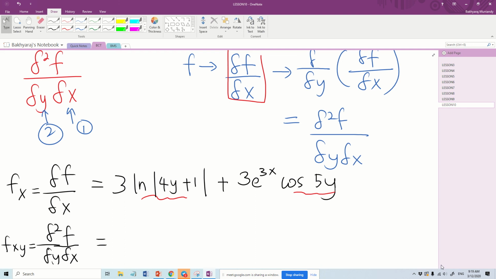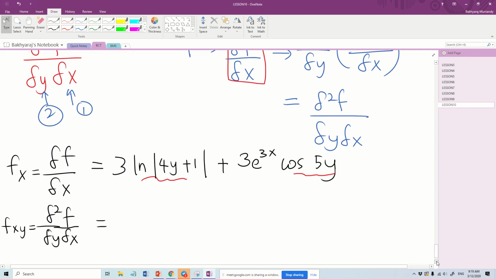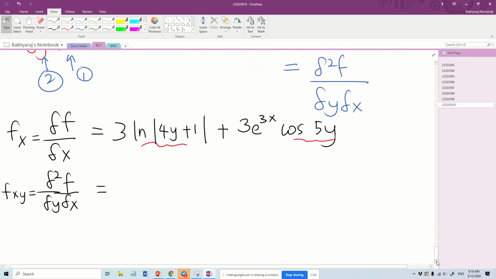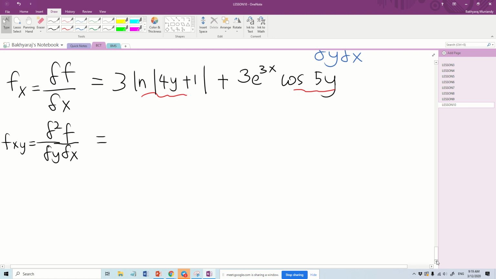So how to differentiate log 4y plus 1? You get 3 bracket 1 over 4y plus 1, times 4. Yes, just 4.